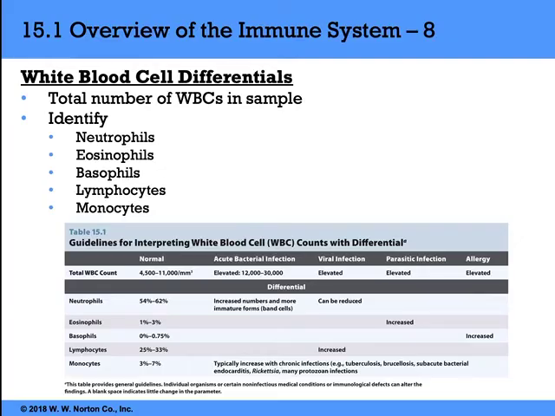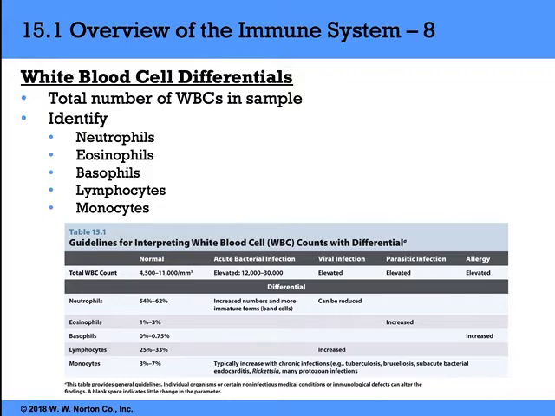Okay, so sometimes when you're sick and you go to the doctor, one of the ways that he can determine what might be wrong with you is to do something called a white blood cell differential, which is part of a broader test called a complete blood count.